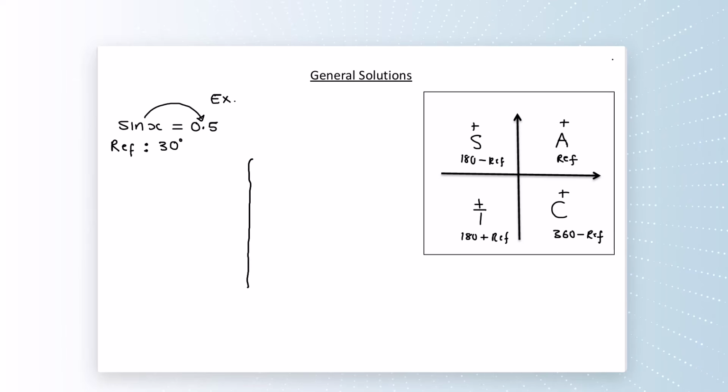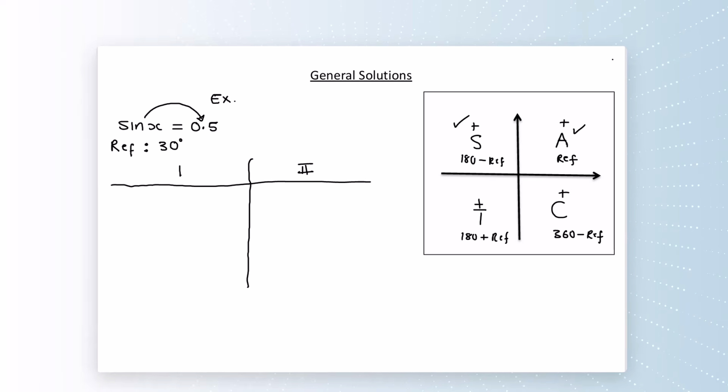We have two quadrants where sine is positive. That's the first and the second. Remember, first quadrant, they are all positive, so sine is also positive there. Second quadrant, only sine is positive. So it means we are interested in the first quadrant and the second quadrant. Beautiful. We are making progress.